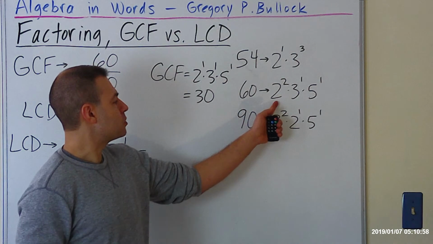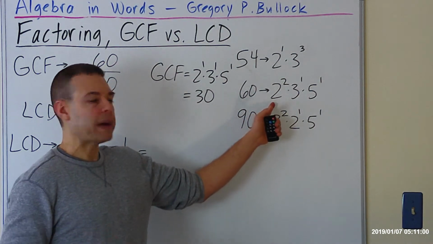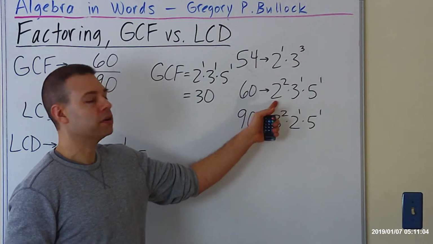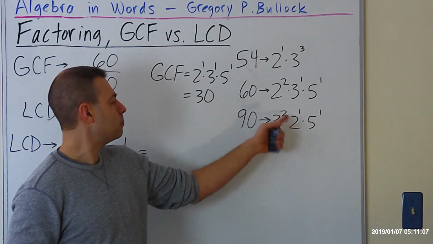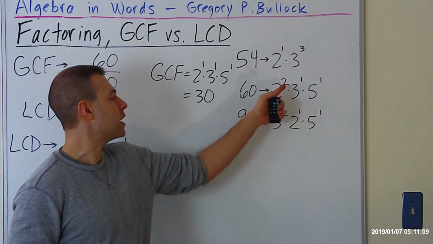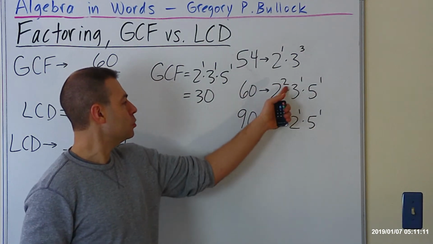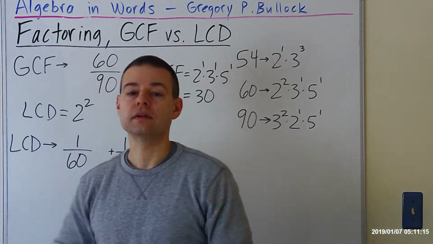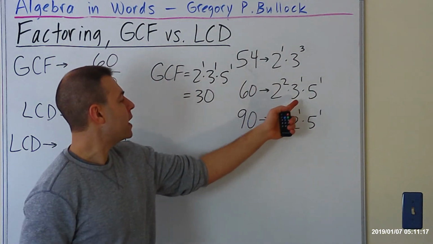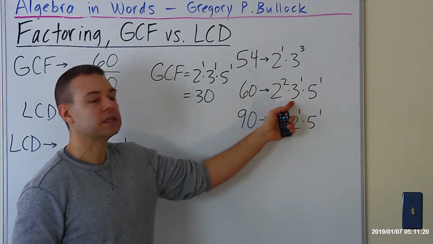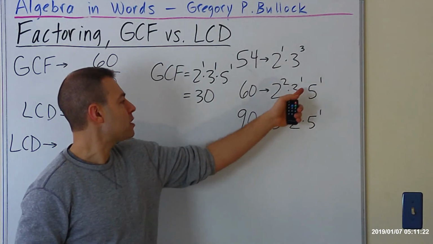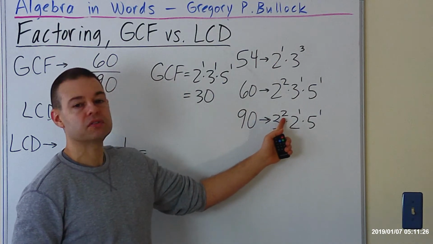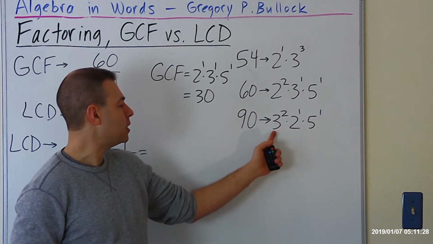Let's start with base 2. Okay? Now, it doesn't matter if it has a common base 2. As long as there's a base 2 here, we take it. But if there's a common base of both, we take the higher of the exponents. So clearly the 2 is higher than the 1, so we're going to take 2 squared. Let's go on to 3. We have 3 to the 1 here. We're automatically going to take base 3, but if this has exponent 1 and this has base 3 exponent 2, we're going to take the higher. That would be 3 squared.